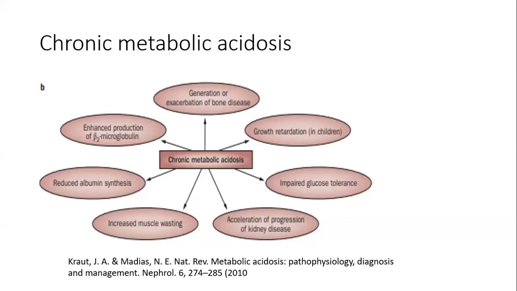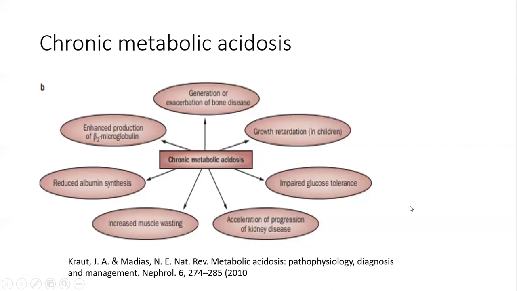It reduces albumin synthesis, so you have hypoalbuminemia and also edema. It increases muscle wasting, so they remain cachectic. You have acceleration of the progression of the kidney disease, that one we saw in the previous slide. Also, it impairs glucose tolerance because of insulin-like growth factor 1, and also growth retardation.